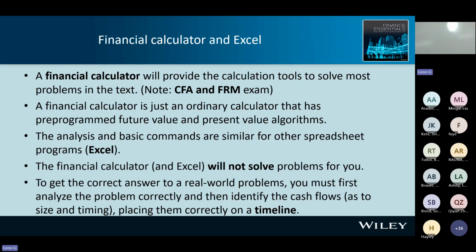On the calculator, you can see the PV, earlier money, FV, future money, I, interest rate, N, number of periods. You might ask me about the PMT. PMT stands for payments.